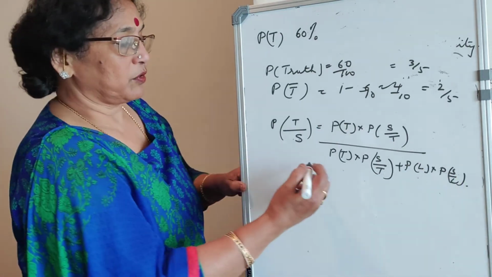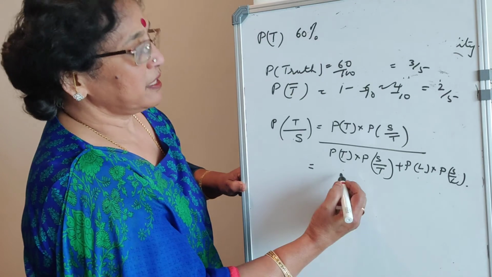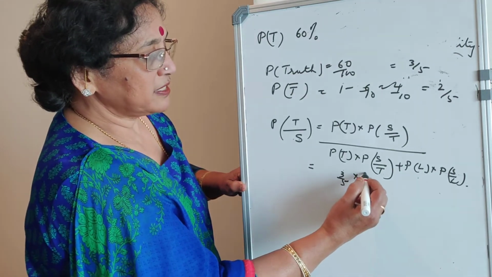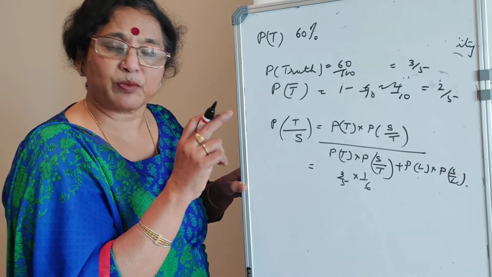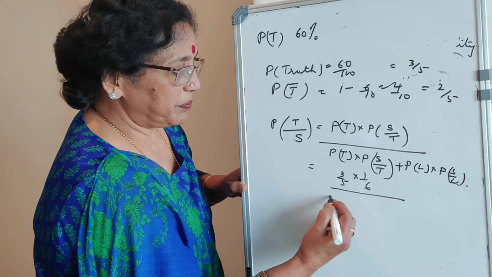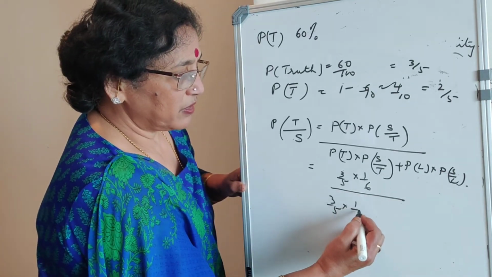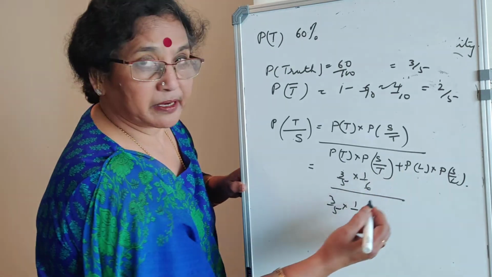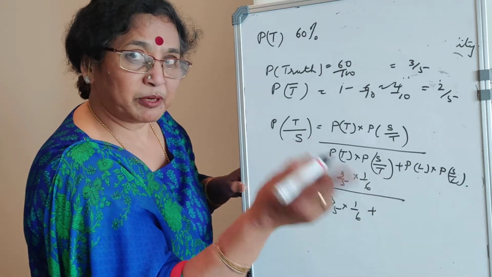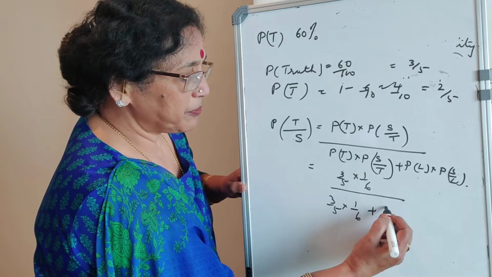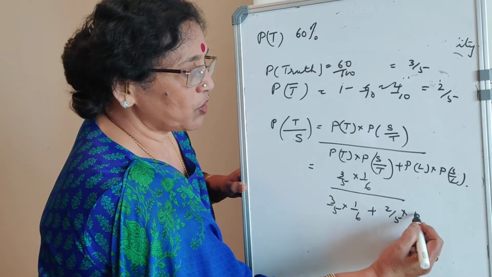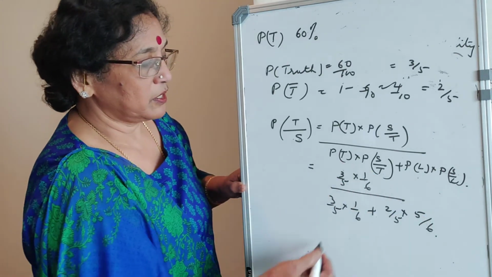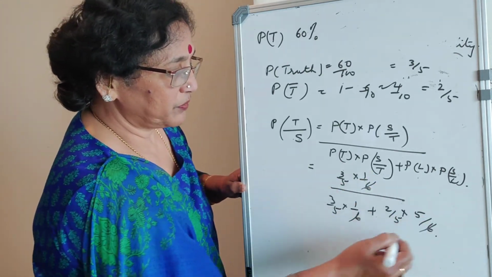Okay, so therefore speaking the truth, I said 3 by 5, and it is a 6. What are the chances when you throw a die, it is a 6? 1 by 6. And here I repeated 3 by 5, 1 by 6. And you are lying. Lying means it is not a 6, but you are saying it is a 6. So lying probability is 2 by 5, and it is not a 6. So not a 6 is 5 by 6. So you can cut out the 6's, right?